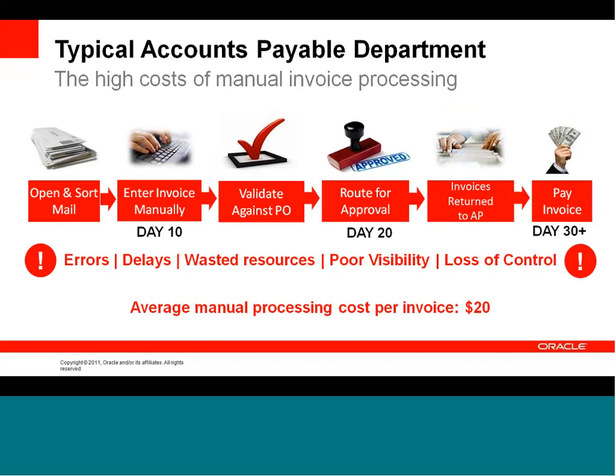In an accounts payable department, that typically manifests itself in an overall delay in the processing of that invoice. So from the opening of all of that mail, entering in the invoice manually, validating the information against what you have in your eBusiness Suite system, against the PO information, routing it around for the different approvals that you have, and then once it's finally returned to accounts payable and paid, you may be looking at more than 30 days to process that.